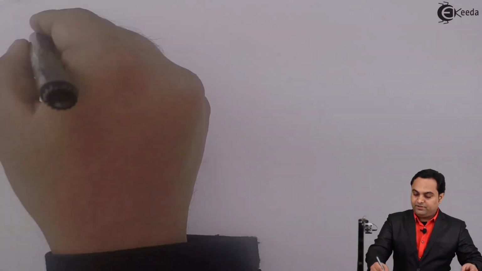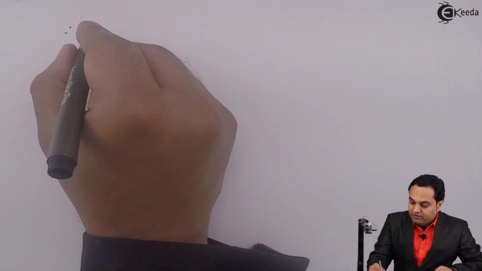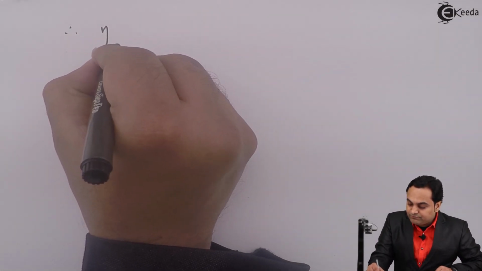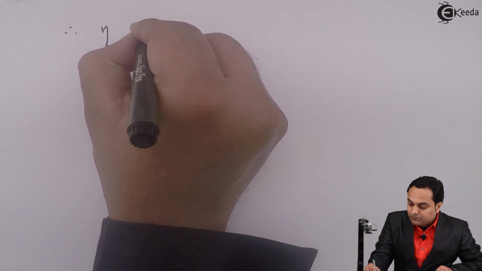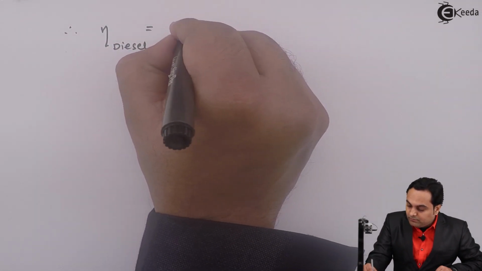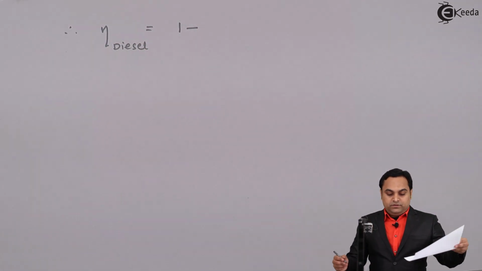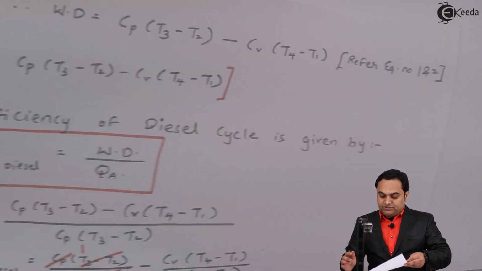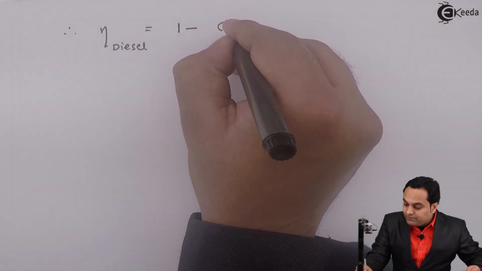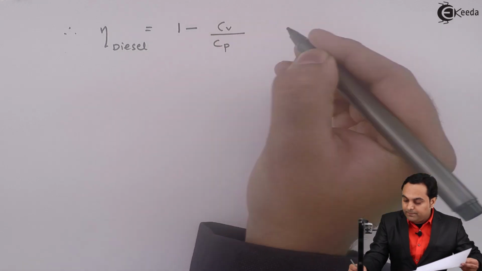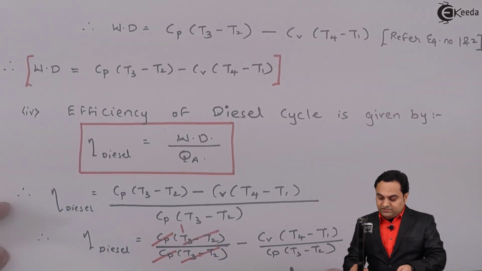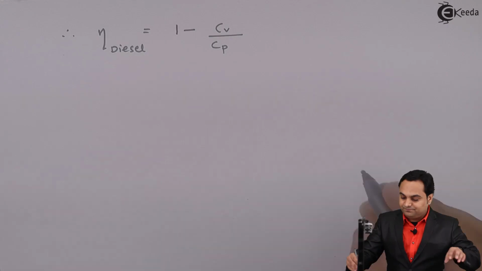Next, I'll write it as it is. Therefore, efficiency of diesel cycle will be equal to 1 minus Cv upon Cp into (T4 minus T1) upon (T3 minus T2).